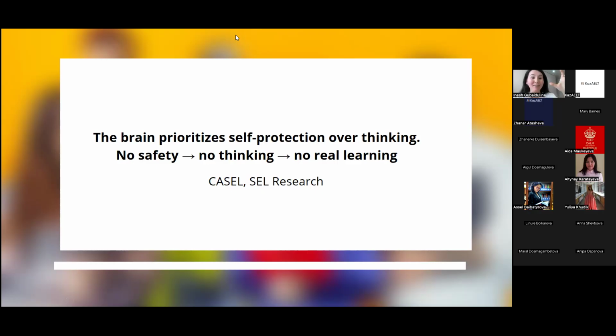Frameworks developed by CASEL emphasize that psychological safety, supportive relationships, and emotional regulation are vital for academic engagement. So, no safety, no thinking, no real learning. This is not my opinion. This idea comes from social and emotional learning research from the CASEL framework. If students feel unsafe, learning becomes mechanical, not meaningful.